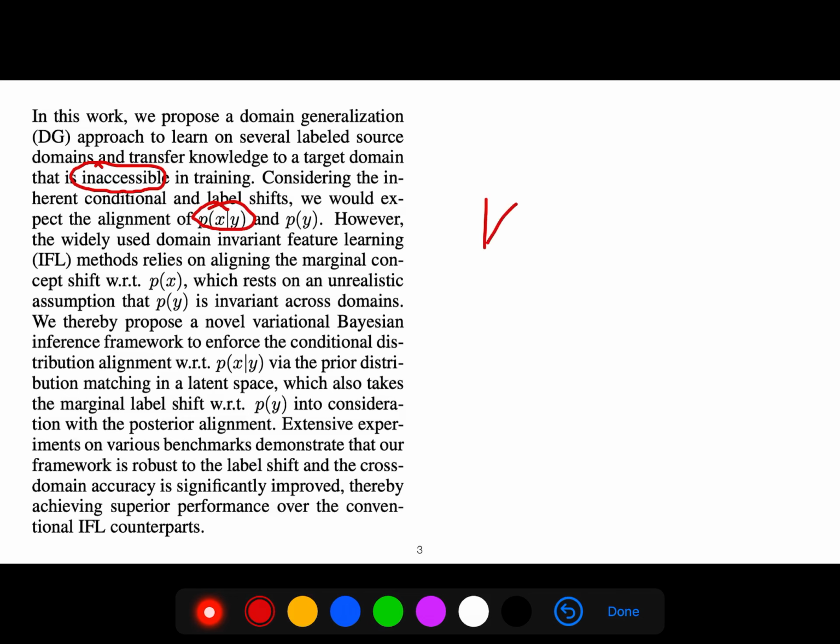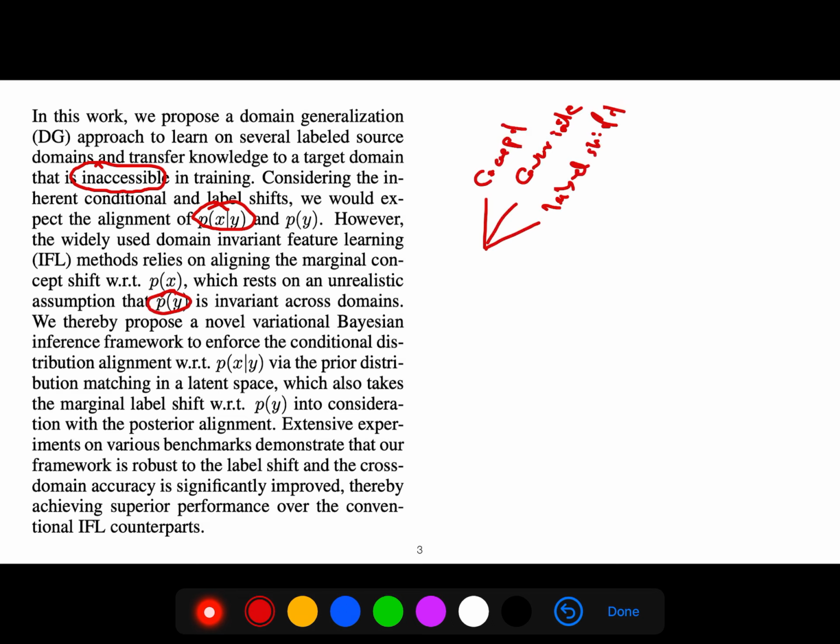We have three different domain shifts: concept shift, covariate shift, and label shift, and it's very hard to decouple these things. The widely used domain invariant feature learning relies on aligning marginal concept shift, which rests on the unrealistic assumption that the probability of your label is invariant across domains.